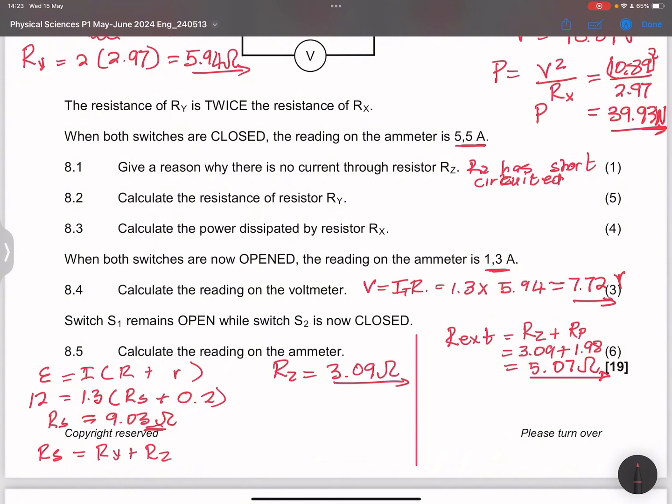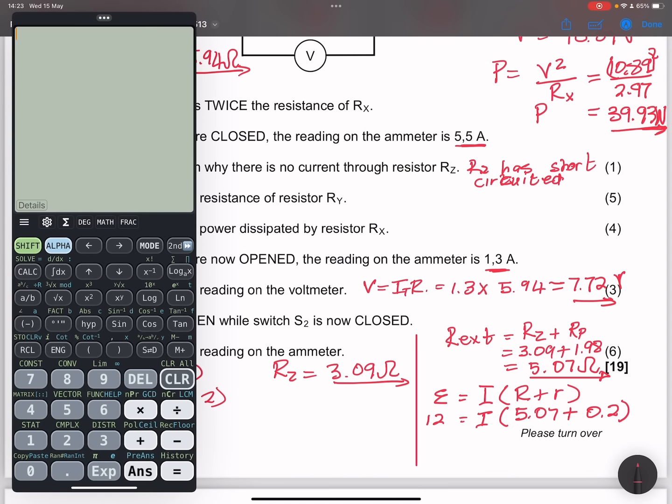And now to get the current, what can we do, ladies and gents? Remember, EMF still remains the same. So E is equal to I into R plus small r. We know this still remains 12. We want the total current. The resistance is 5.07 plus small r, which is 0.2. So we say 12 divided by the total of 5.07 plus 0.2.